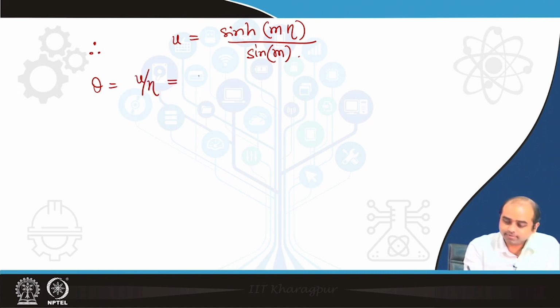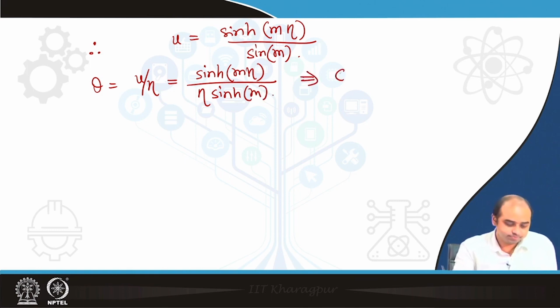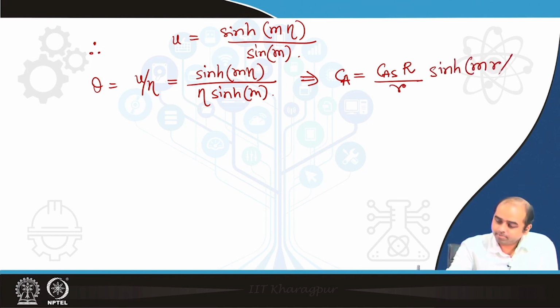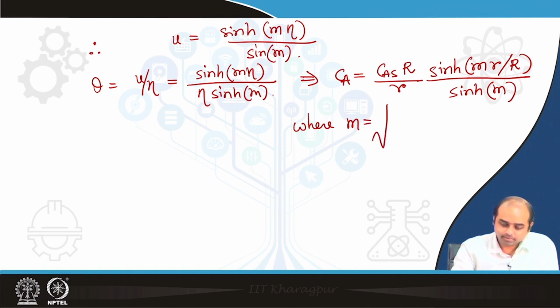So, this means I have sinh m eta by sinh m, same thing, divided by eta, right, and subsequently I can write my theta as C A by C A S. So, I can write this as C A S, capital R small r, sinh m r by capital R, right, where m is this quantity.